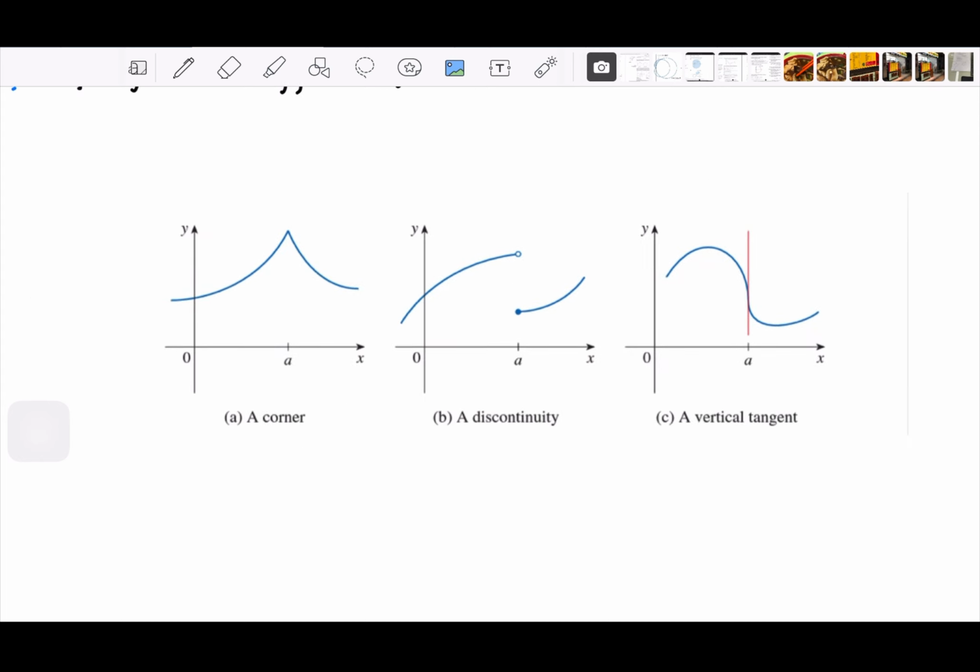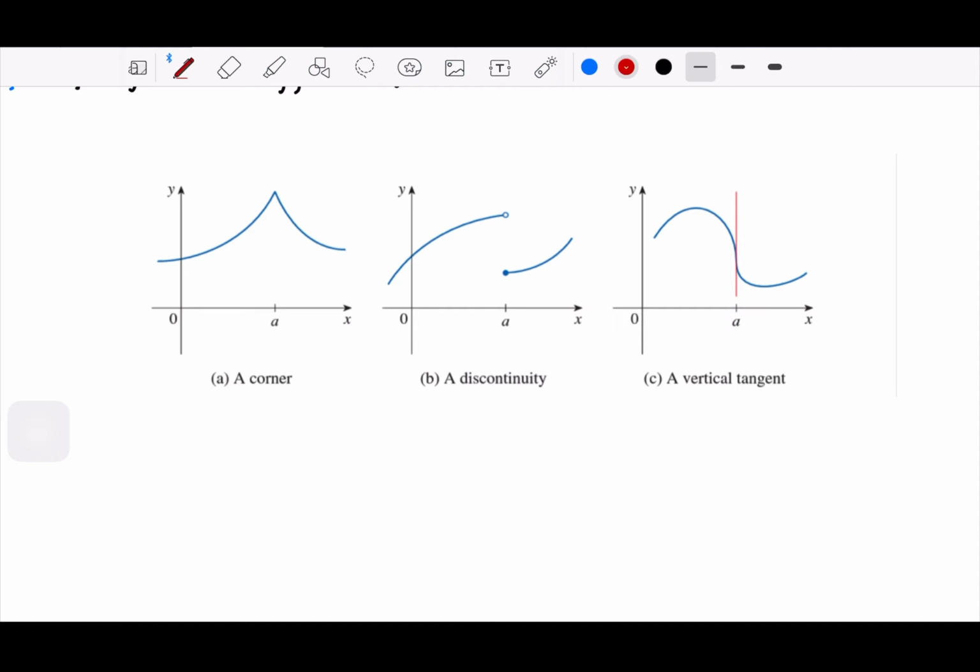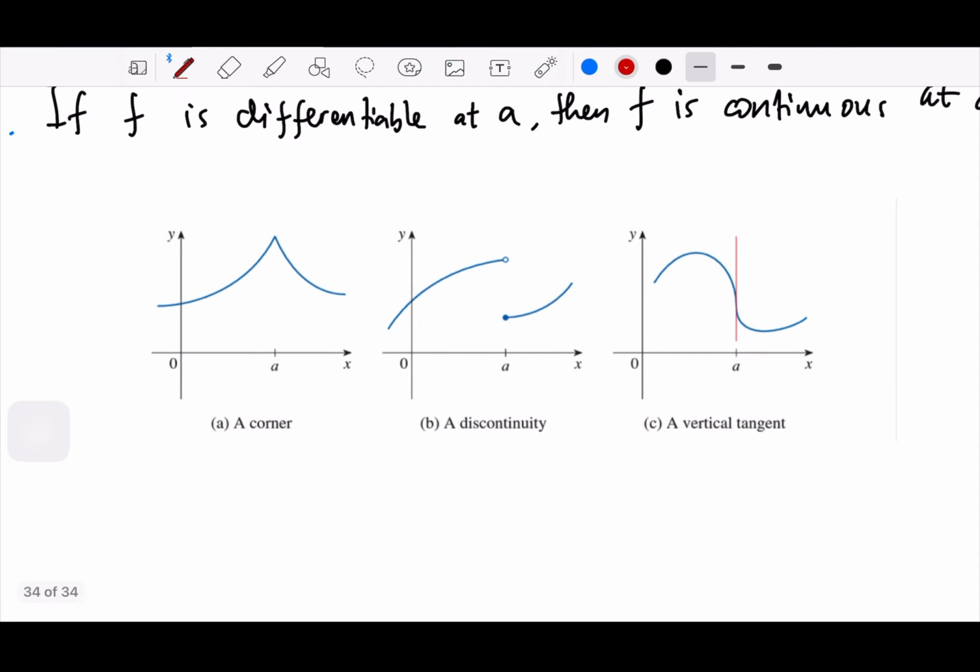Whenever you find a corner like the absolute value, a sharp point, a discontinuity, or a vertical tangent, it means that at this point you cannot differentiate.